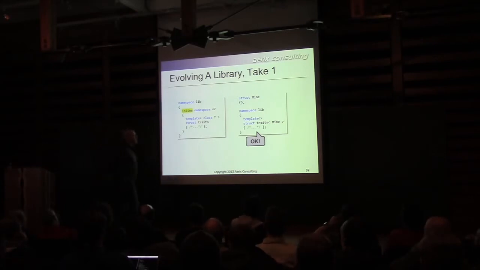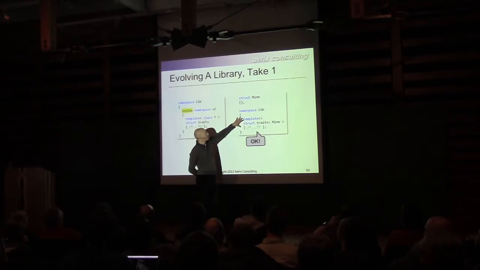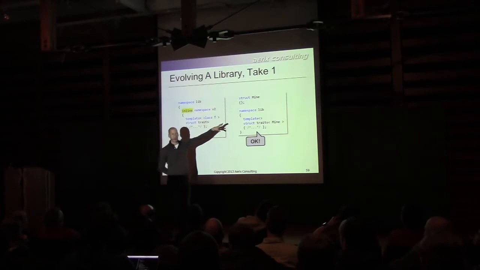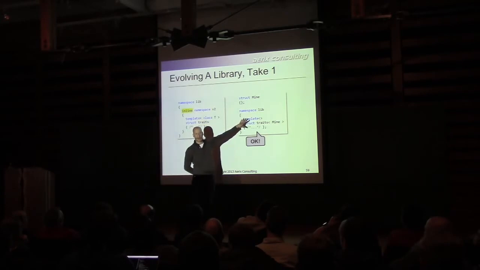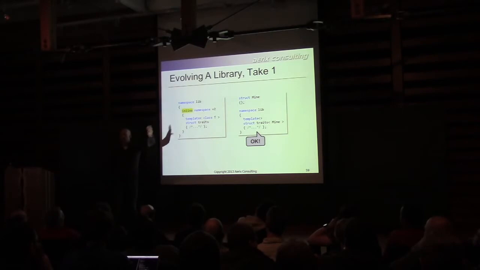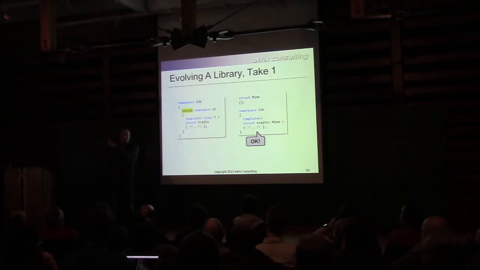So if a user of my library writes this code, what they might not be aware of is that they are implicitly opening a version namespace, v1. And now if you change the library so that v1 is the old badness, now it's v2, and v2 is inline and v1 is not, well, this code could break.